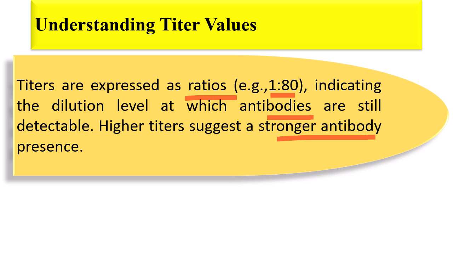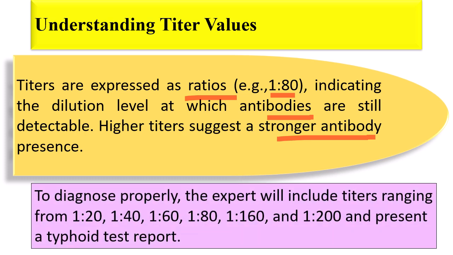To diagnose properly, experts include titers ranging from 1:20, 1:40, 1:60, 1:80, 1:160, and 1:200 in a typhoid test report.